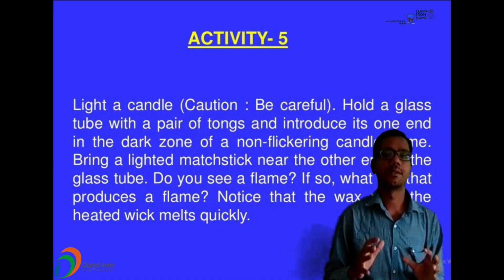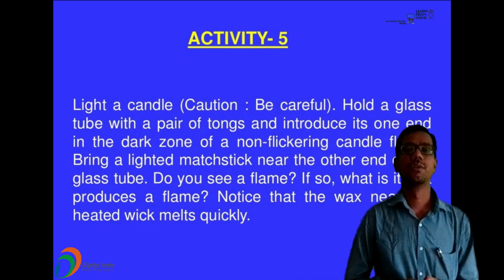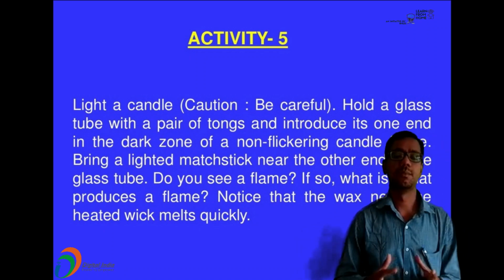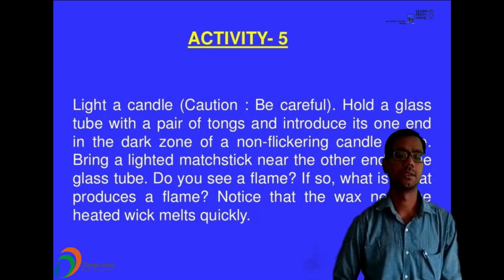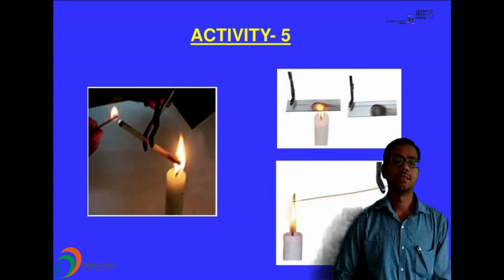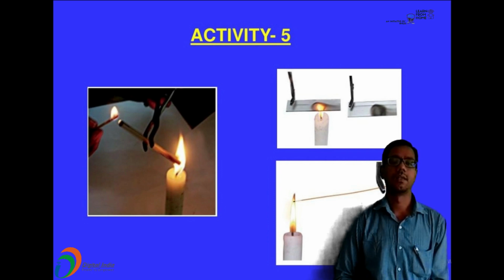These vapors can catch fire and they also burn with a flame. You can see one end is burned in a candle and the other end is burned with a simple matchstick.